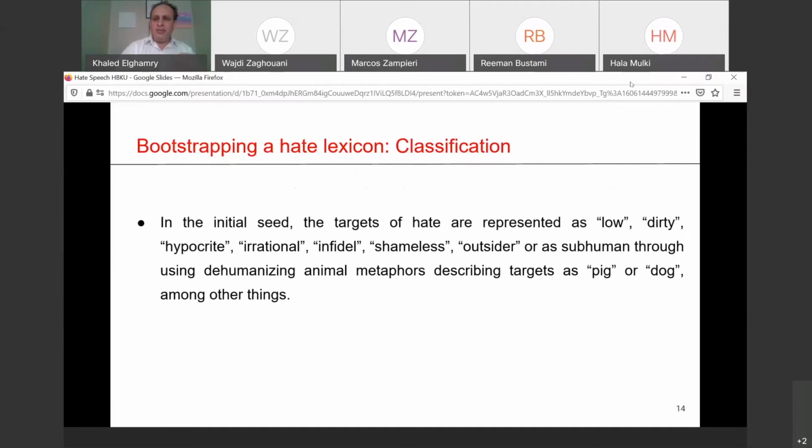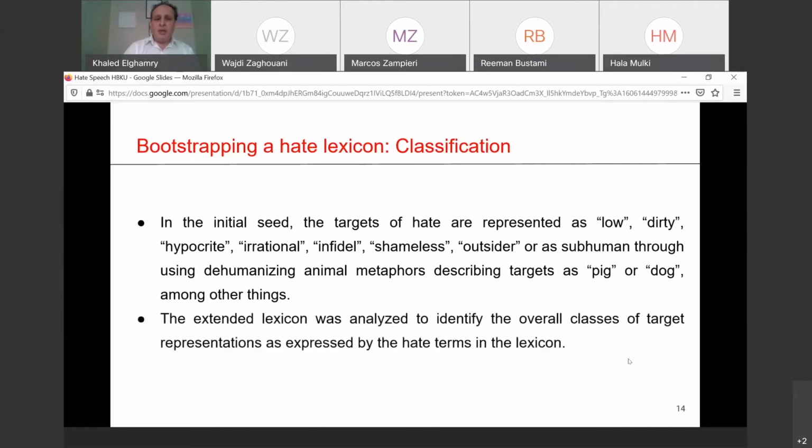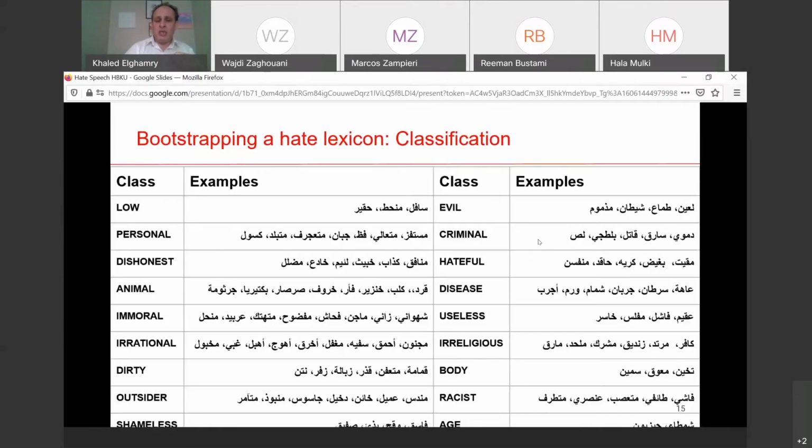In the original seed, the targets of hate were represented as low, dirty, hypocrite, irrational, infidel, shameless, or outsider, or as subhuman, through dehumanizing animal metaphors, describing targets as pigs or dogs, among other things. The extended lexicon was analyzed to identify the overall classes of target representations expressed by the hate speech in the lexicon.